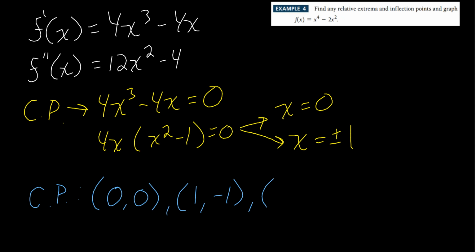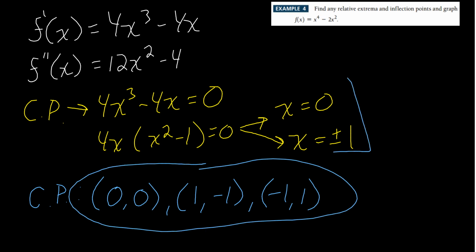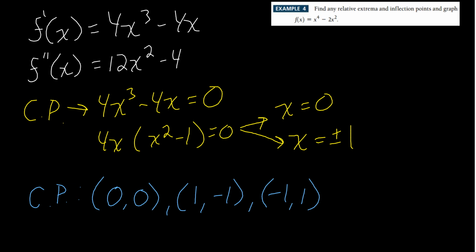And if I plug in a negative 1, it's going to be negative 1 as well. Again, these are just the coordinates when I plug my x values into my function. So these are the coordinates of my critical points.